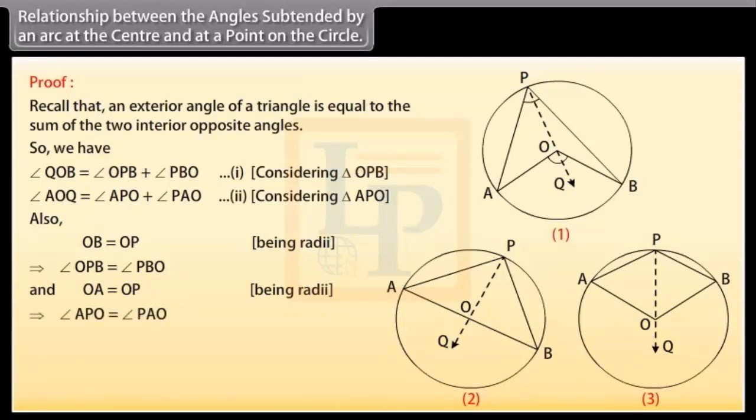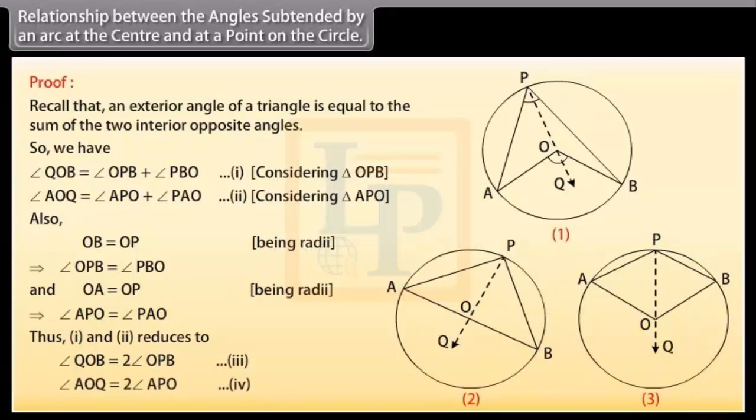Similarly, angle APO is equal to angle PAO. Thus 1 and 2 reduce to angle QOB is 2 into angle OPB, 3. Angle AOQ is equal to 2 angle APO, 4.